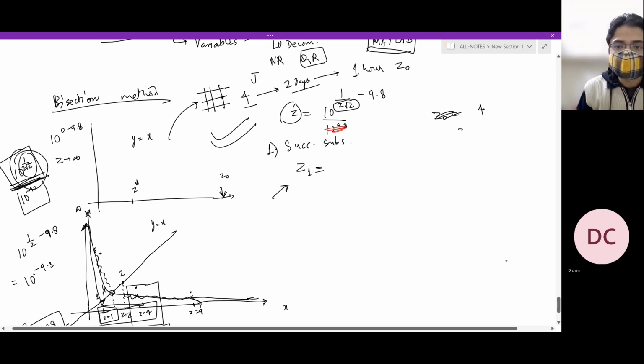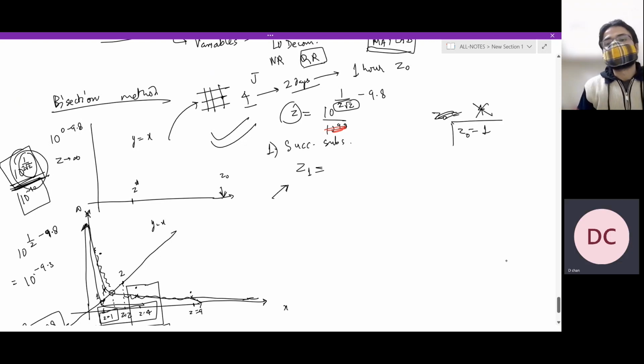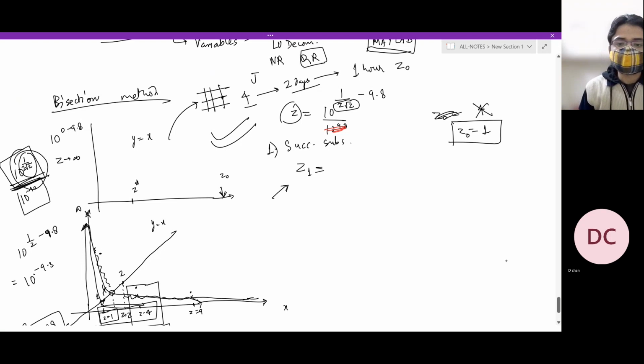Okay, so let's start with z not equal to 1. Agree? Yes, sir. So then let's start: 1 over 2 minus 9.8, this is 10 power minus 9.3. And what was the value you told? Something like 5.xyz, let's say xyw, not z, into 10 power minus 10.